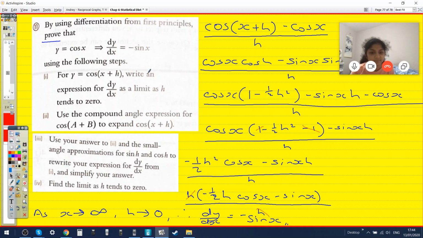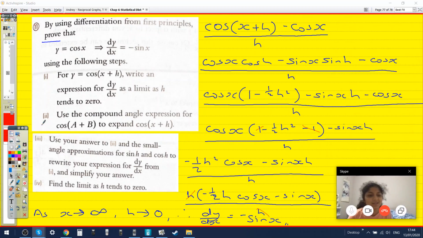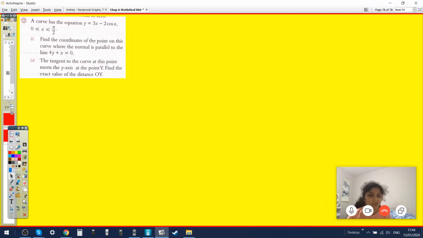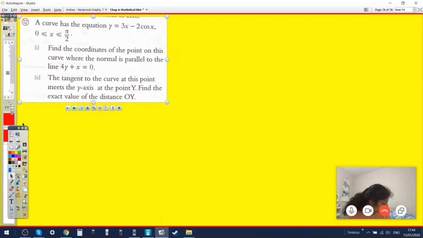Any question there? No, I know first principles. I revised it because I always forget it. If you don't know how to do this, I would just do it yourself without these steps. But you get the formula in the booklet, so it's okay. For first principles, you're going to need that formula anyway.